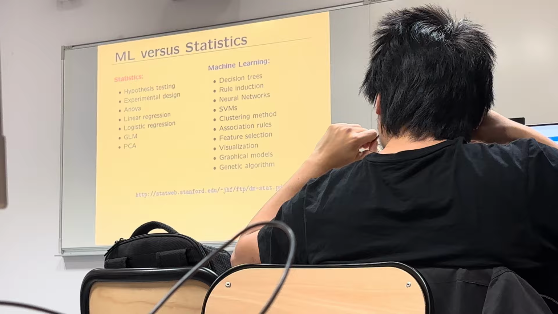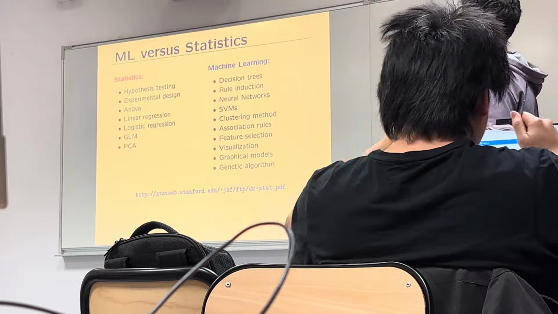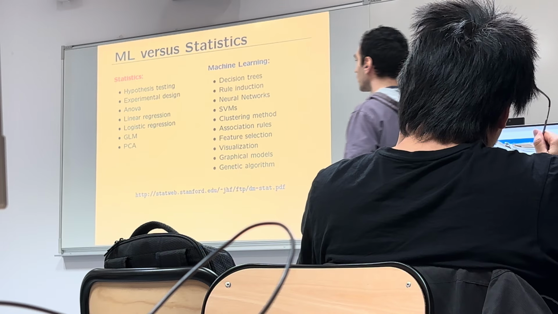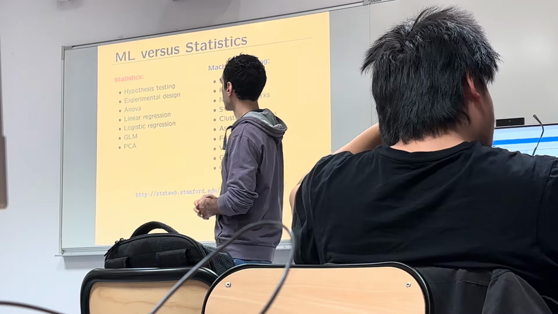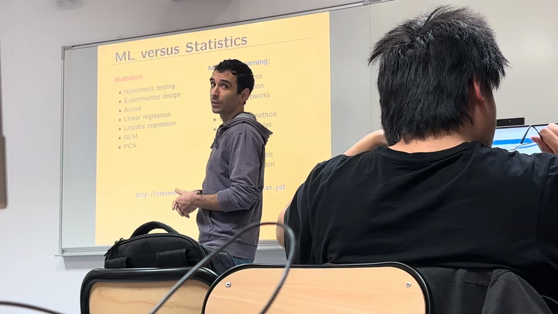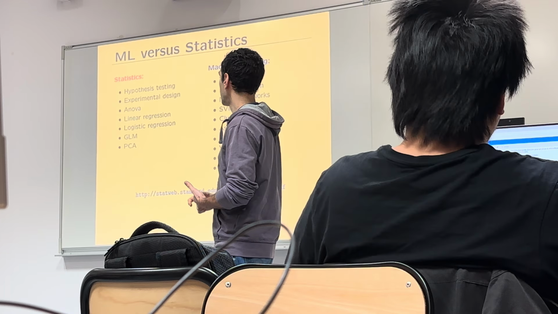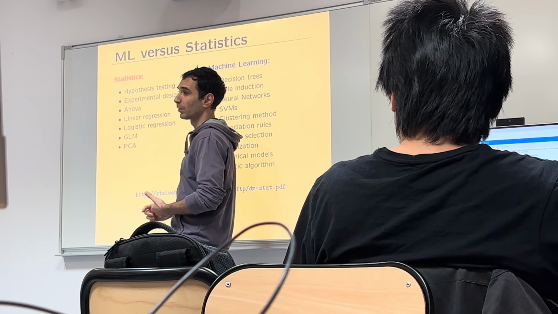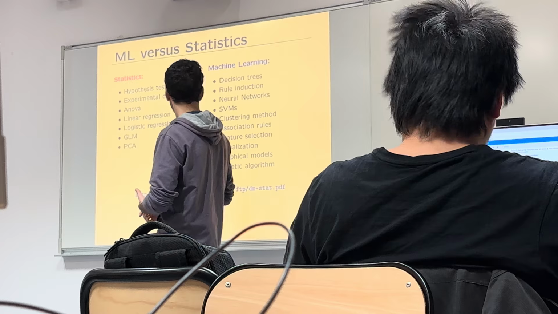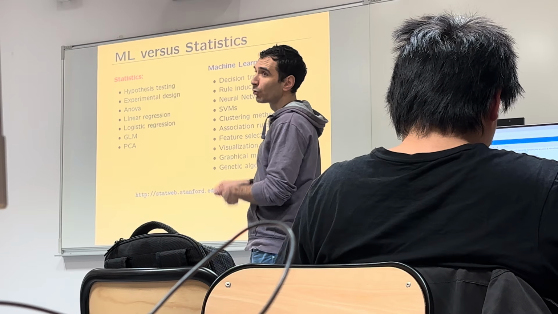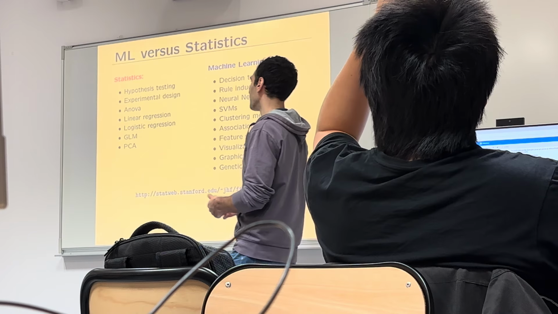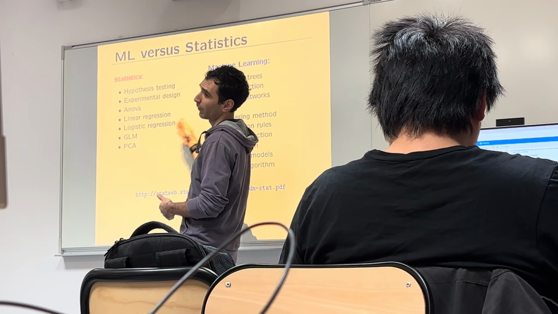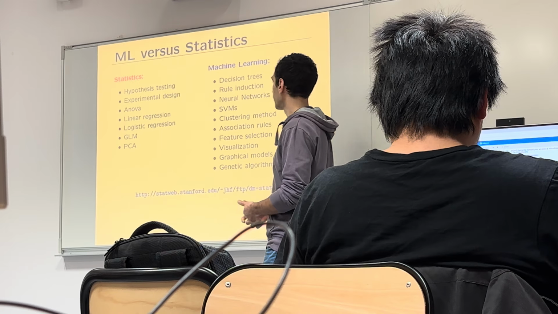So what's the difference between machine learning and statistics? If you only do statistics, you're mainly using these tools, like maybe PCA or analysis of variance and others. If you're doing machine learning, you try to predict something. Most of the time people are doing statistics first, and then they do machine learning to try to predict something.